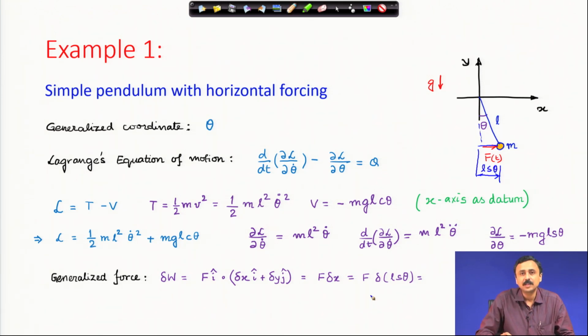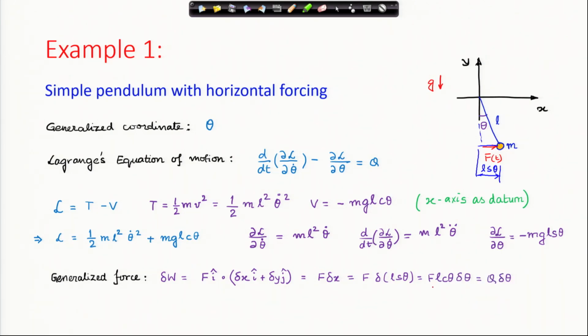Therefore, it is the variation of L sin theta. And what is the variation of L sin theta? L is a constant quantity, so it is L cos theta delta theta, and this I must read out as my capital Q. This part times this is the variation of the generalized coordinate. Therefore, whatever multiplies that to give me work, that quantity must be the generalized force.